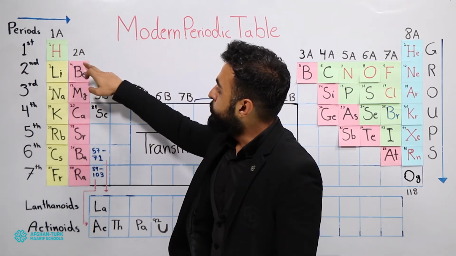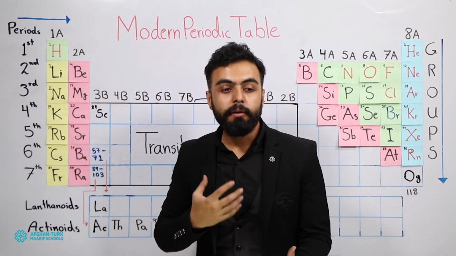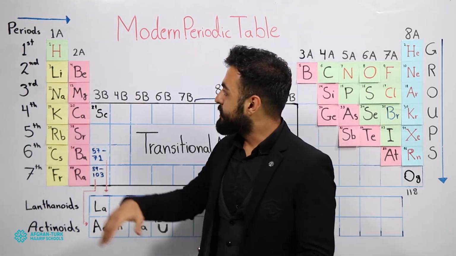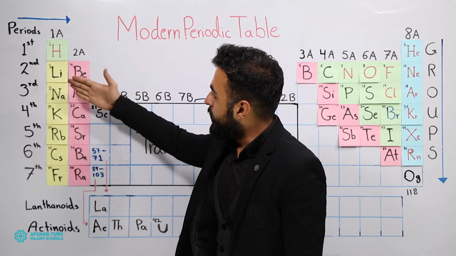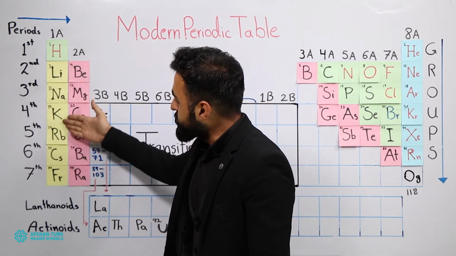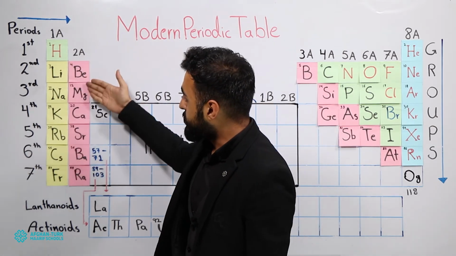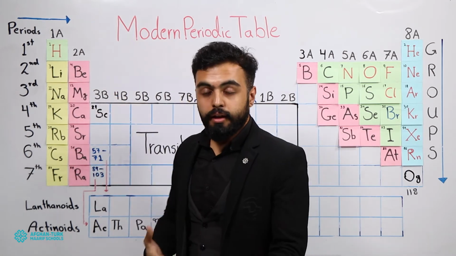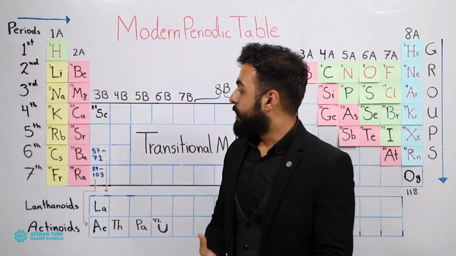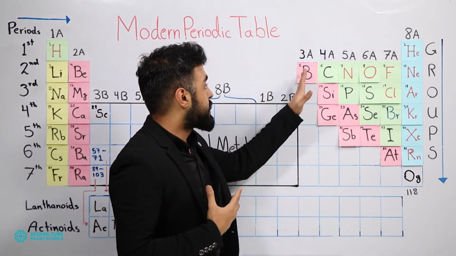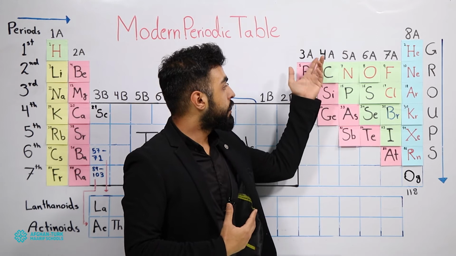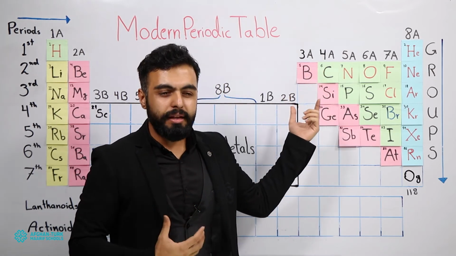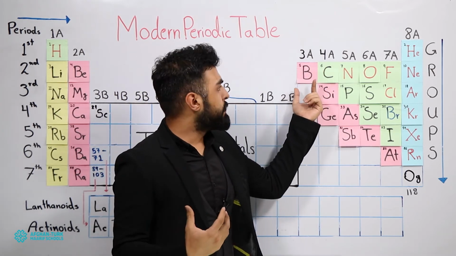The second group, 2A, which we say are alkaline earth metals, with the same color, are here. Most of them are famous elements, like magnesium and calcium. Then in the third group, boron is the most famous element, which we also call the family of earth metals.